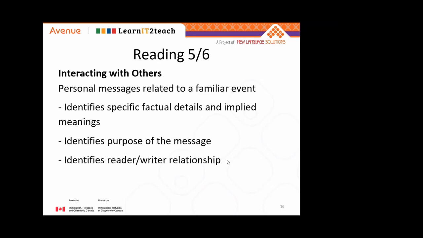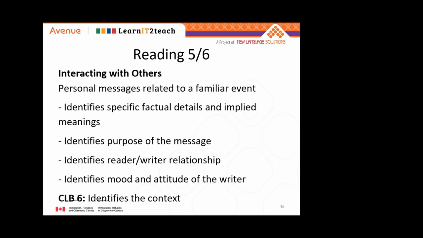Identify the reader-writer relationship is to understand, for example, if the sender is the employee's superior. Identifies mood and attitude of the writer to find out the tone of the message. And at CLB 6 also identifies the context.